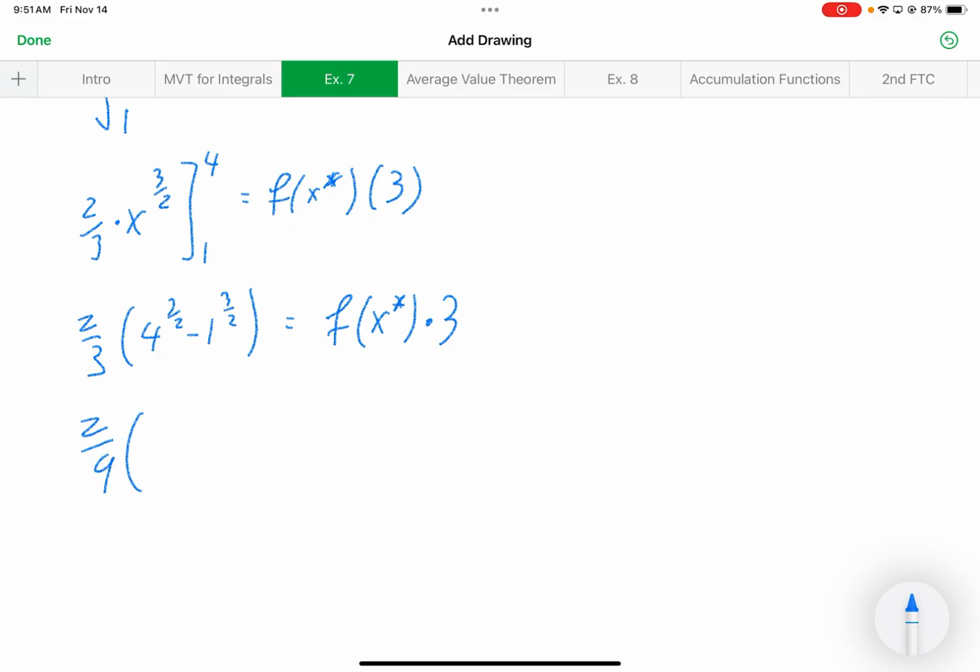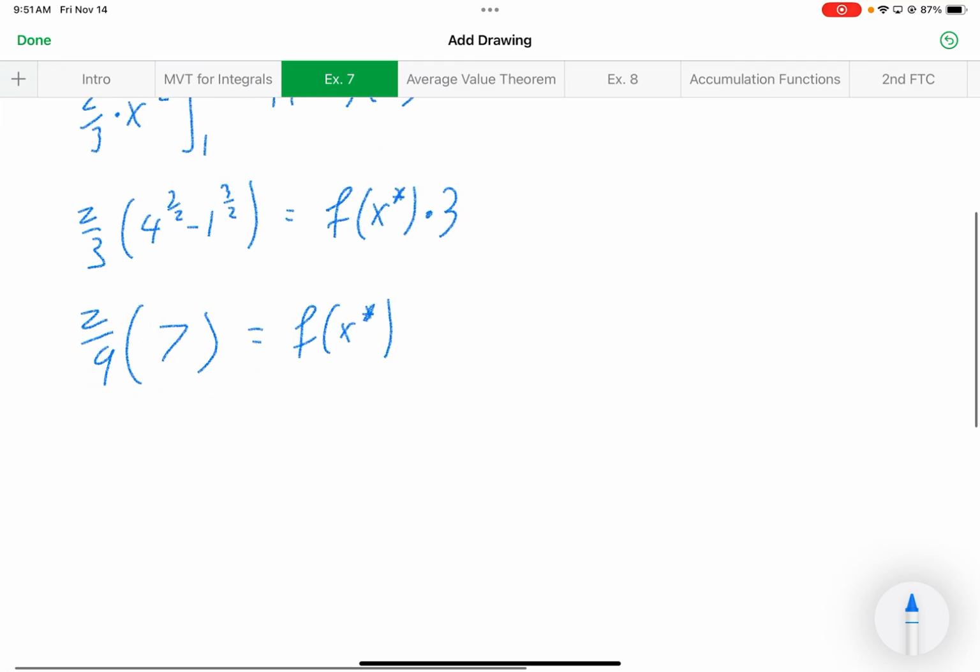And then inside of that set of parentheses, square root of 4 gives me 2. 2 to the 3rd power is 8. 8 minus 1 is going to give me 7. Two ninths times 7 is going to give me 14/9. And that is my value for f of x star, which we saw that that value was important, okay?